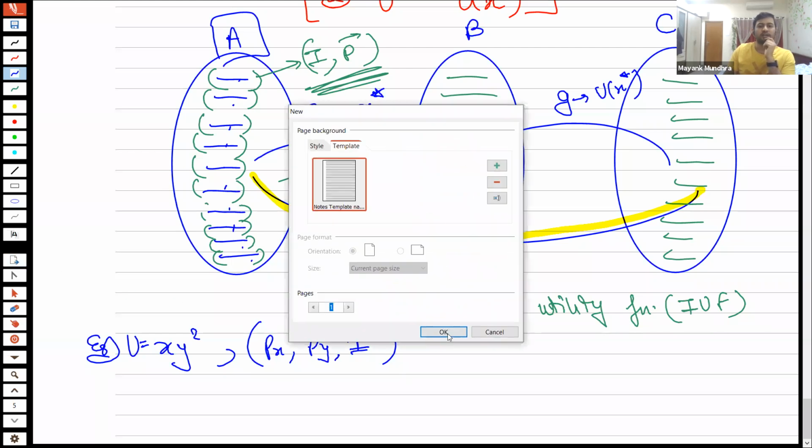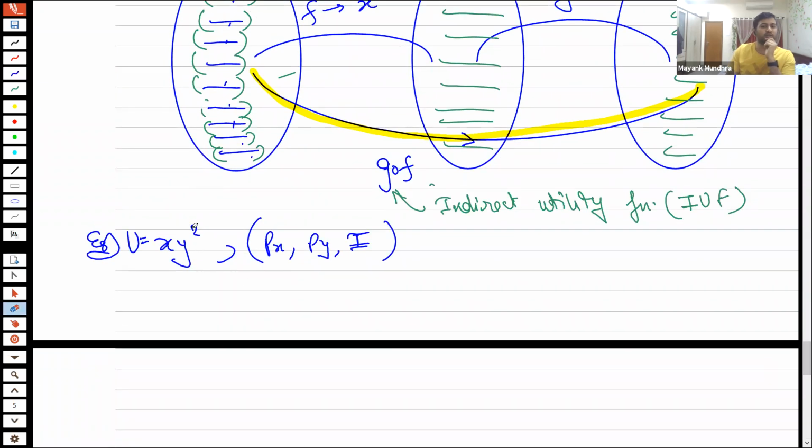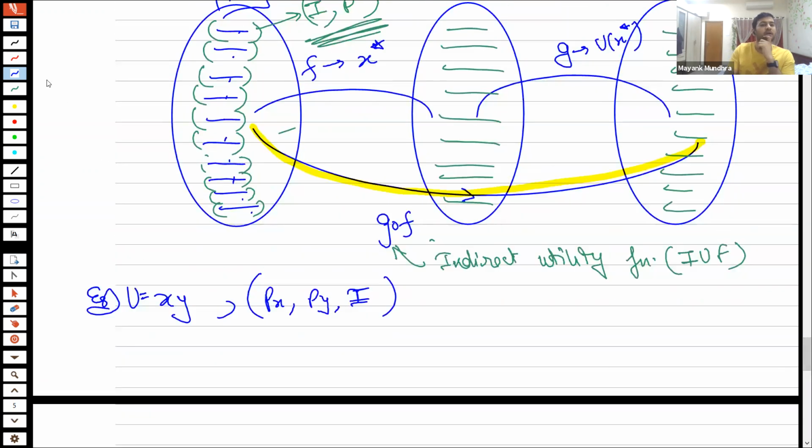So let's take this example of xy to solve. I'll solve the example of xy; xy square will be the one which we'll be solving in some time. So utility equals xy. So MRS is equal to y by x, which should be equal to px upon py, which implies xpx should be equal to ypy.